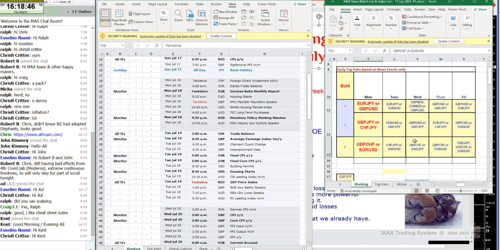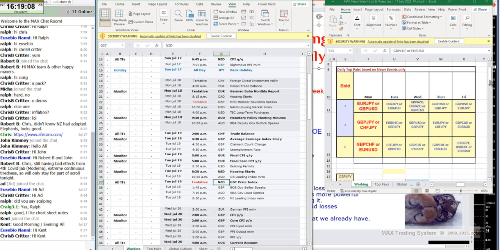Okay. So leftovers from Monday is nothing. And on Tuesday, we've got the Swiss, and the Kiwi, but the Kiwi is not appearing in the top 10 pairs list.